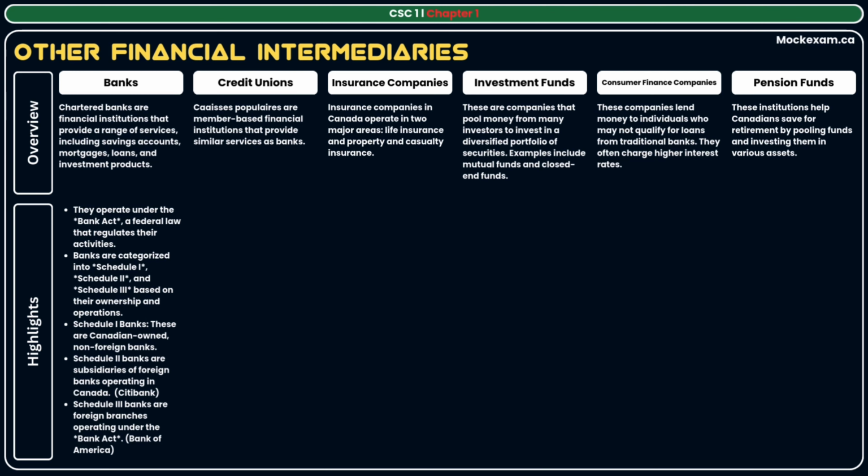Like what? Like RBC, CIBC, Scotia, and those six big banks. Schedule 2 banks are subsidiaries of foreign banks operating in Canada, like Citibank. Schedule 3 banks are foreign branches operating under the Bank Act, like Bank of America or Capital One.